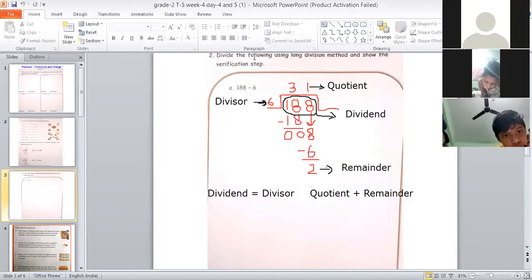A multiplication symbol should be there. Yes, children, please write this formula in your math course book. We will be using this formula to verify our answer. This is dividend is equal to divisor into quotient plus remainder.